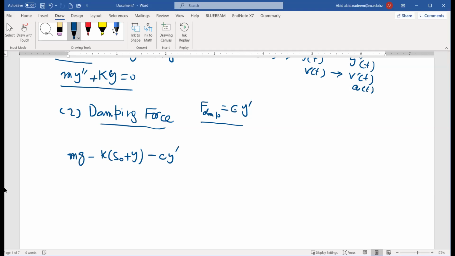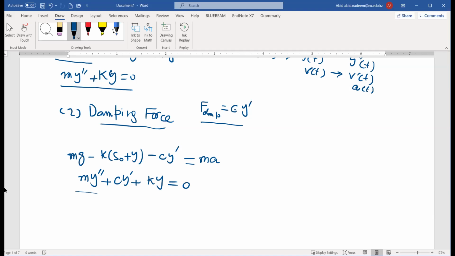If we are considering the downward motion, the damping force will be in the opposite direction. And the resultant force is m times the acceleration. By the same approach, we get the equation m y double prime plus c y prime plus k y is equal to 0.